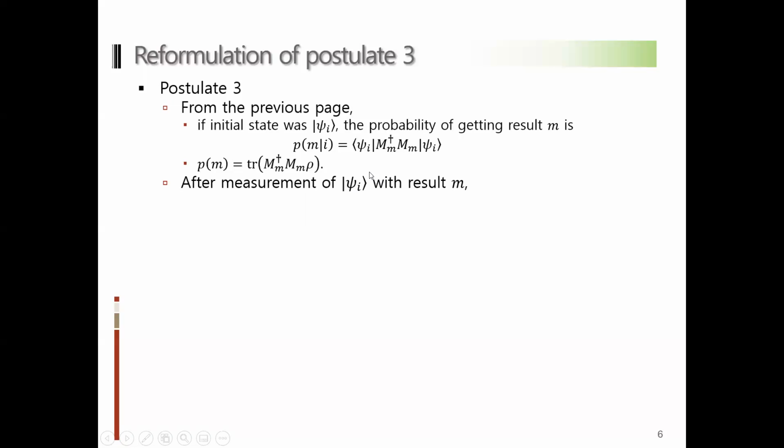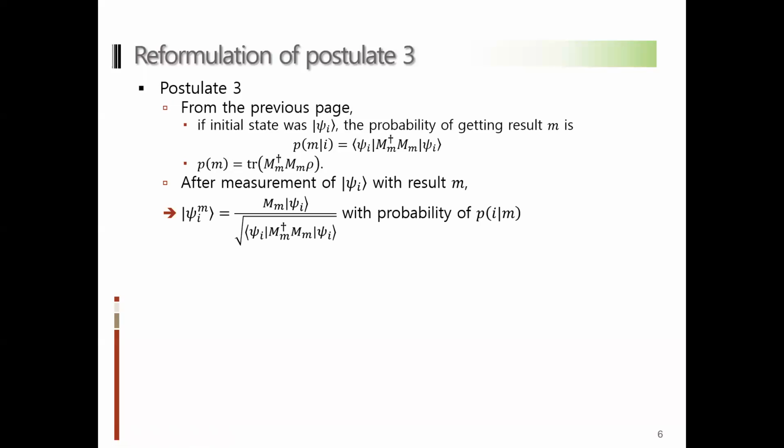Here we are only considering the psi of i case, and assume that we measure M. If we assume that our final measurement result is M, then we have to consider what the final state will be.